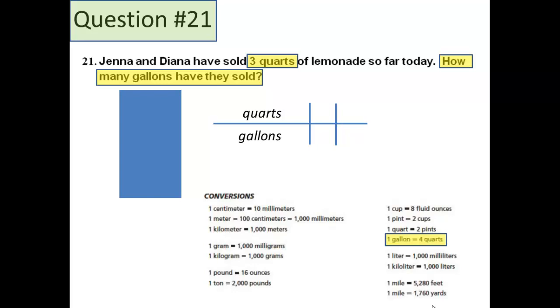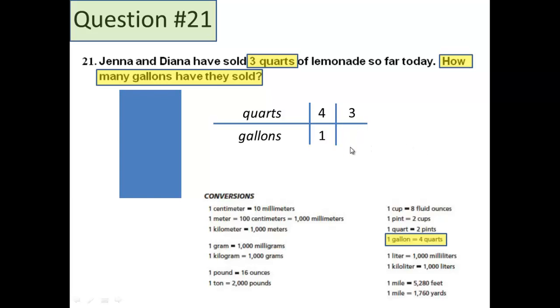1 gallon equals 4 quarts. So we're going to take that rate and we're going to put it right into the ratio table. So it says 1 gallon, 4 quarts. So I'm going to put my 4 quarts and my 1 gallon right there. Perfect. Use your reference table to fill in that first column. And now 3 quarts, we'll take a guess where we're putting that 3, right where quarts is.